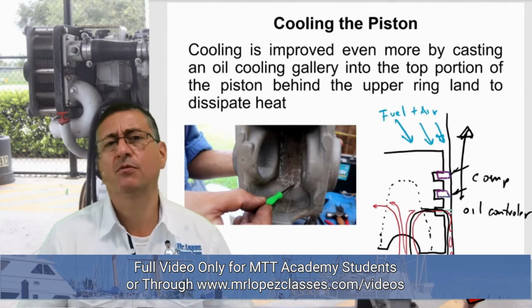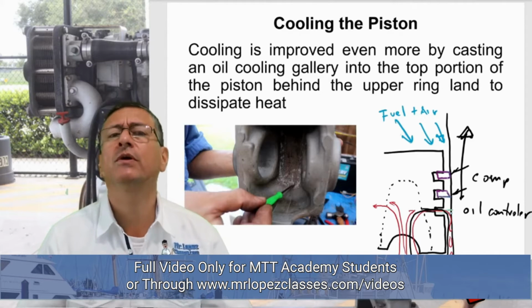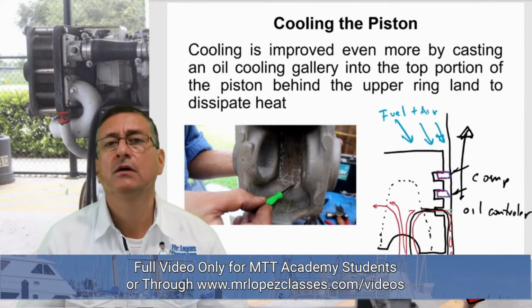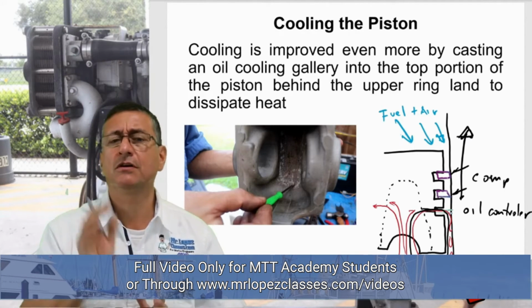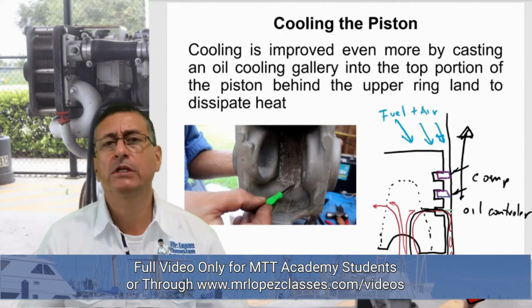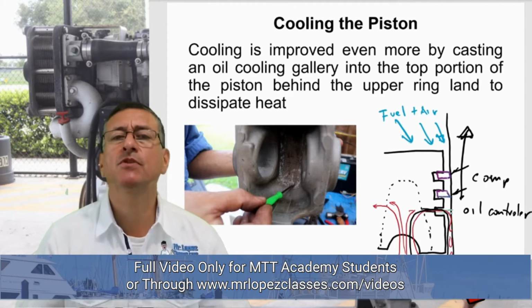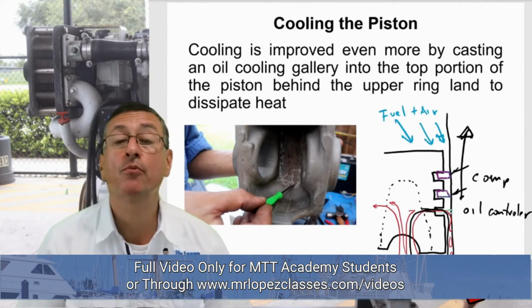Oil entering the combustion chamber during the explosion. What is the symptom? Yes, blue smoke. If you have blue smoke, the majority of the technicians say, oh, this is a problem with the piston rings. No. What is the symptom when you have a problem with the piston rings? Yes, low compression.